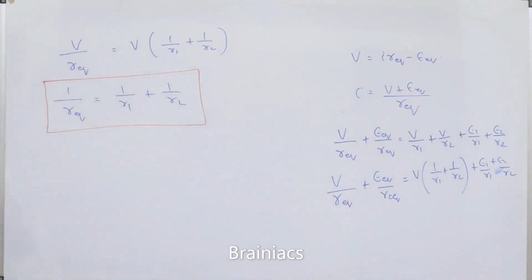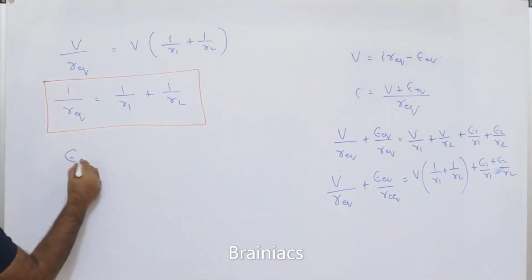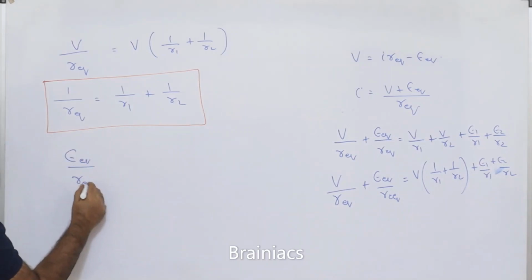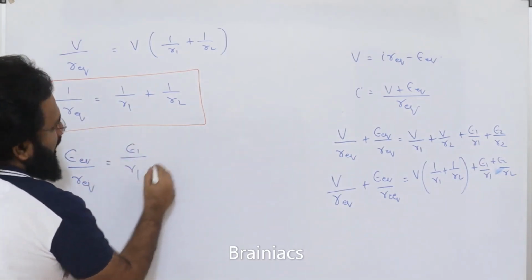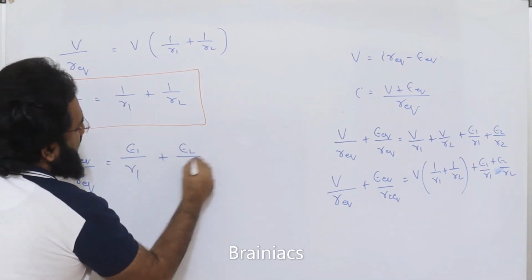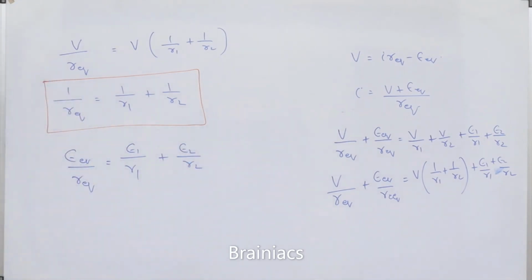Comparing and segregating the V terms and E terms. Similarly, we can take E equivalent divided by R equivalent is equal to E1 by R1 plus E2 by R2. Correct or what?